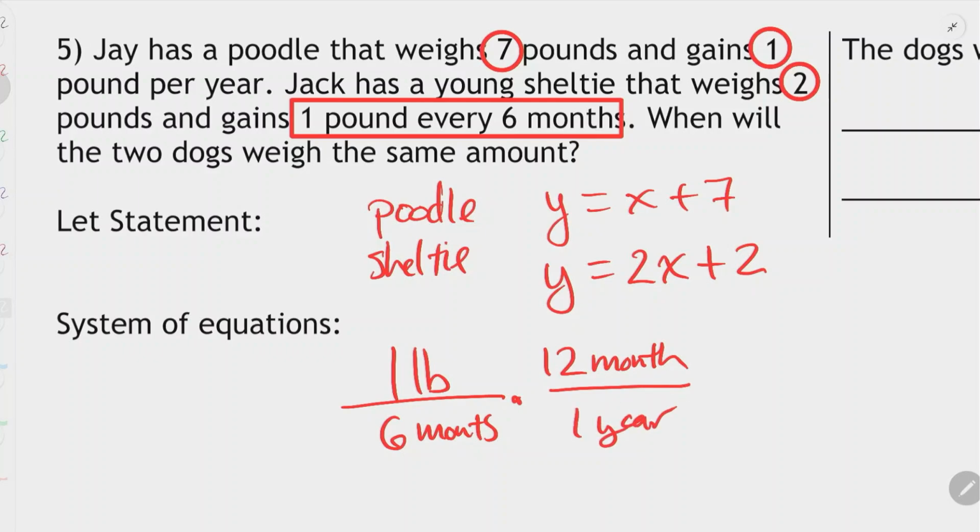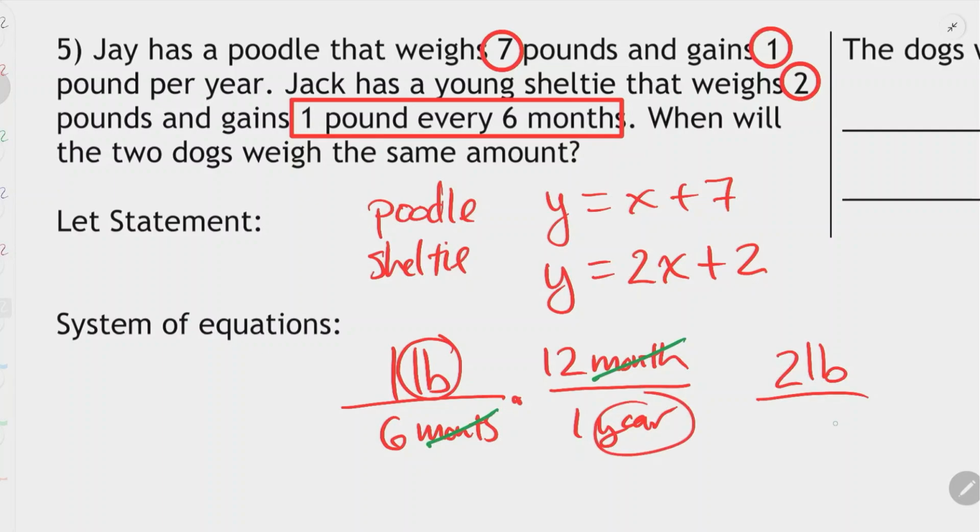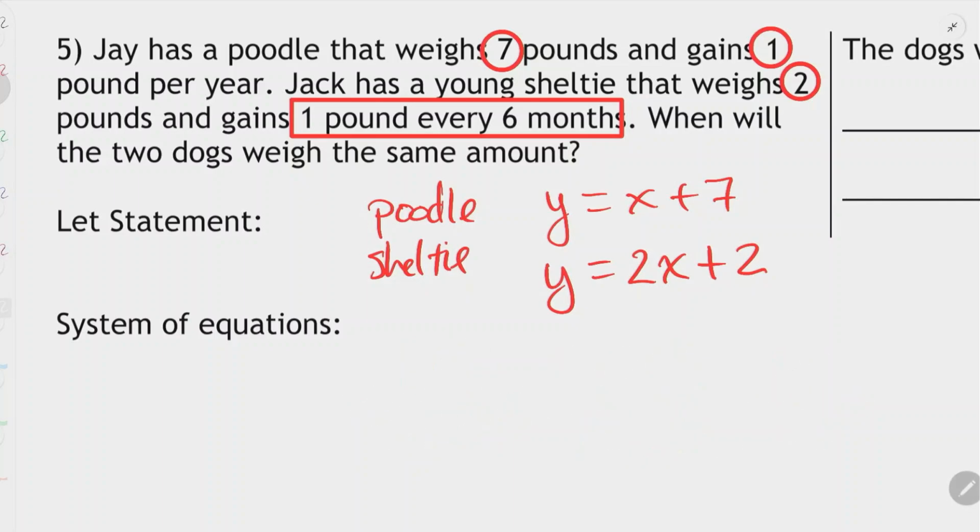You can see that my units, months over months, are gone, and I'm left with 1 times 12 over 6. 1 times 12 over 6 is 2, and the only units left are pounds in my numerator, so 2 pounds per year. So dimensional analysis confirmed what we knew intuitively, that 1 pound every 6 months is the same as 2 pounds per year. It's nice to practice dimensional analysis with something you can obviously check because it's so intuitive.